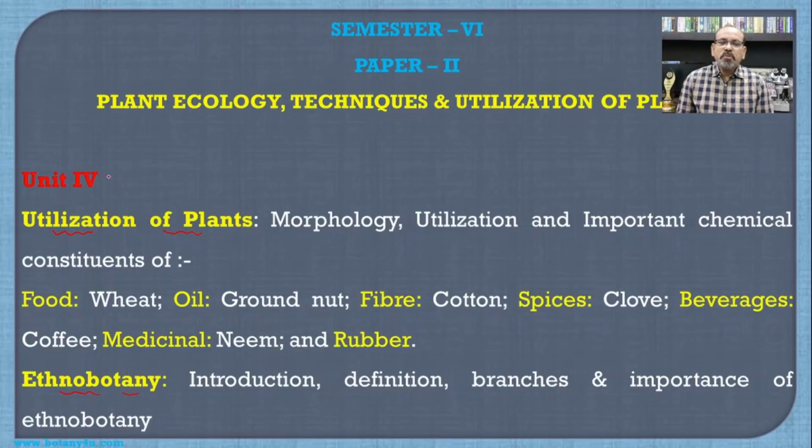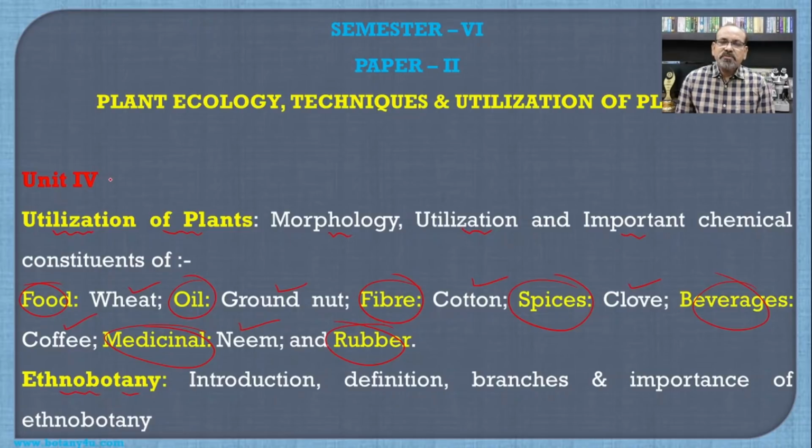The utilization of plants includes the morphology, utilization, that is the uses, and important chemical constituents of the food plant wheat, oil yielding plant groundnut, fiber yielding plant cotton, spice yielding plant clove, beverage yielding plant coffee, medicinal plant neem, and the rubber plant, Hevea brasiliensis.